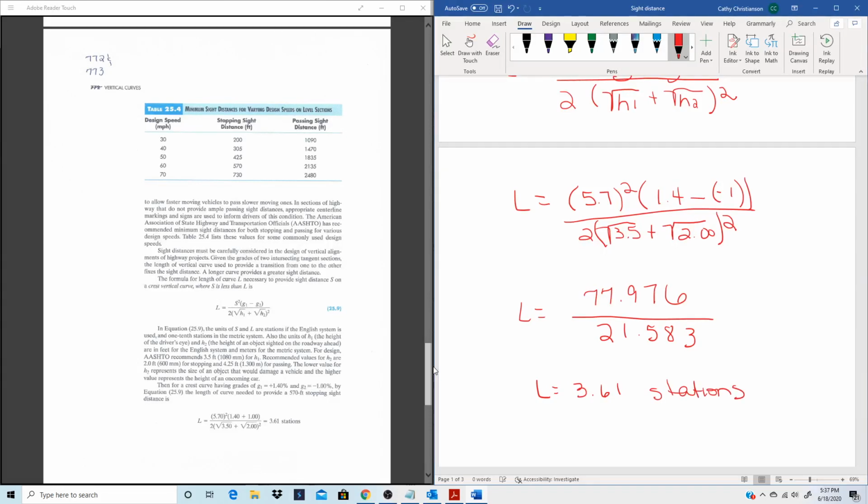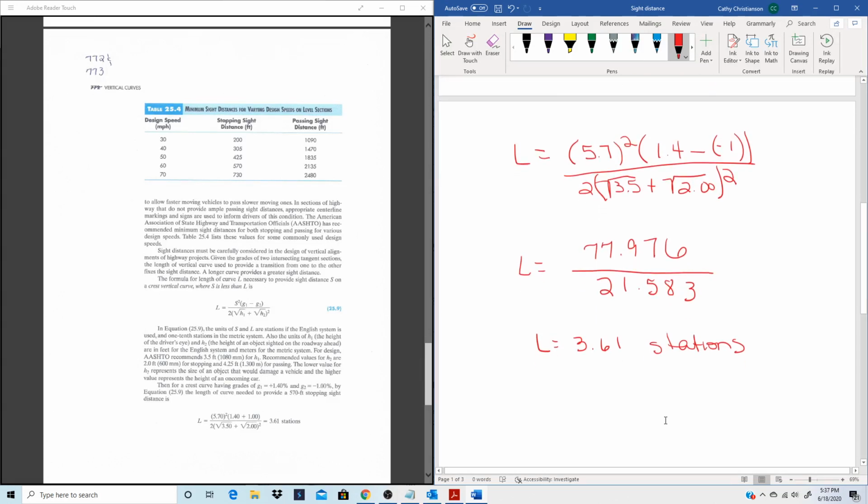Okay, so right now L is 3.61 and the S was 5.7. So to use this equation, 25.9, S has to be less than L, and it is not.